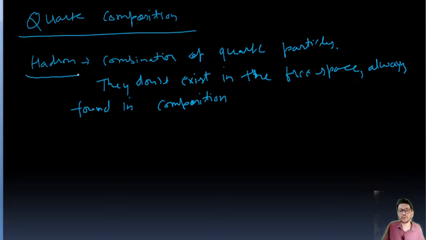Okay, so hadron is a combination of quark particles. These quark particles don't exist in free space. Always found in composition. Okay, so I'll explain those things as well.